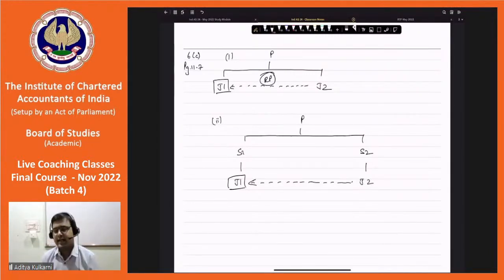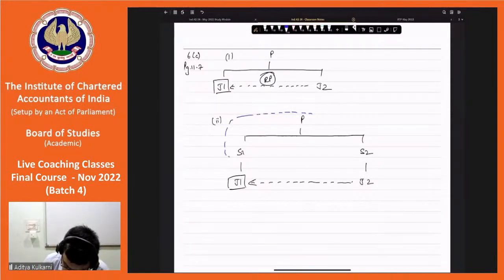Those of you who said no, I don't blame you. On simple understanding, S1 and S2 are not the same third party. So our immediate reaction will be J1 and J2 are not related to each other. It had also happened to me. But what the standard setters do is they view P, S1 and S2 as one unit.